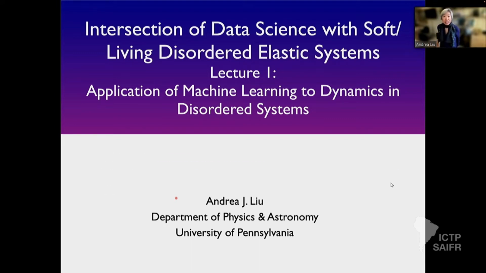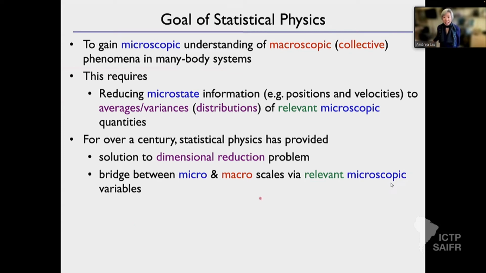Okay, so, right, we're statistical physicists here, all of us. And our aim is to understand at the microscopic level something about collective phenomena. When we think about what this requires, just go back to the beginning and think, what are we doing when we do statistical physics? Well, first of all, we're taking a huge amount of microscopic information and distilling it down to just a few relevant variables.